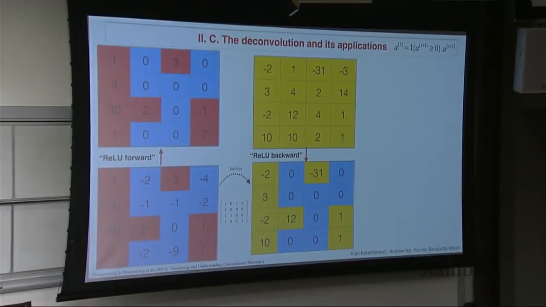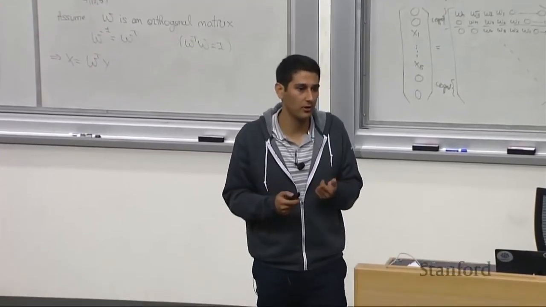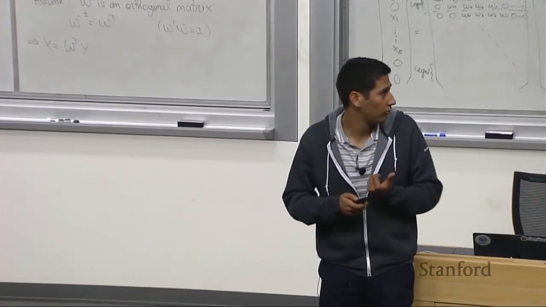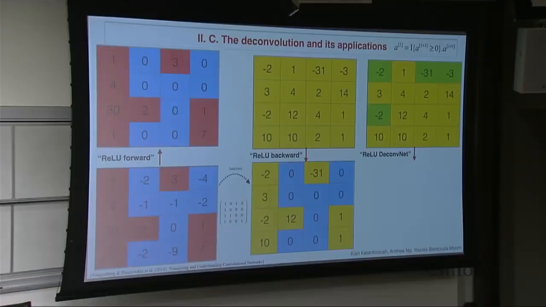Now, in this reconstruction method, we're not going to use ReLU backward. We're going to use something we call ReLU deconvnet, let's say. The intuition for why we're not using ReLU backward is that what we're interested in is to know which pixels of the input positively affected the activation that we're talking about. So we're just going to do a ReLU.